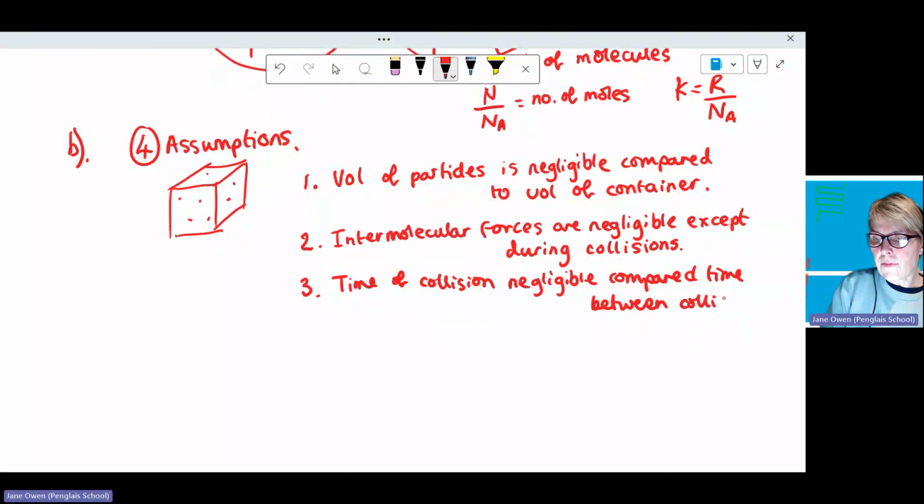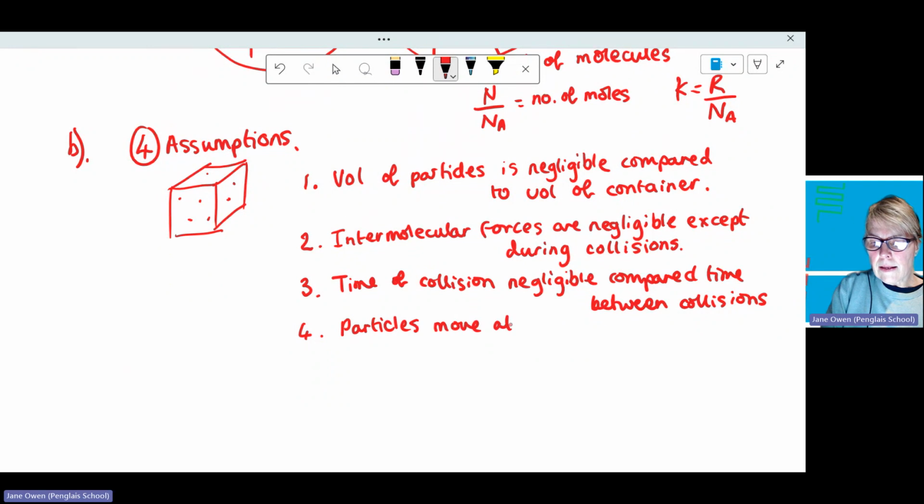So what that is saying is that these particles are mainly moving at a steady speed towards the wall, and the time it hits the wall is negligible compared to the time that they're traveling in between. Okay, so that leads nicely on to the fourth assumption.